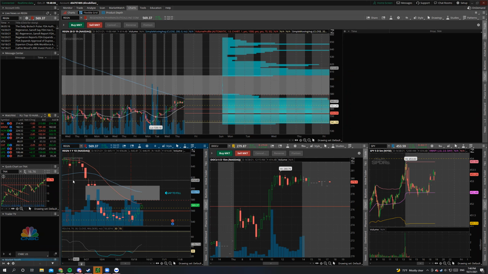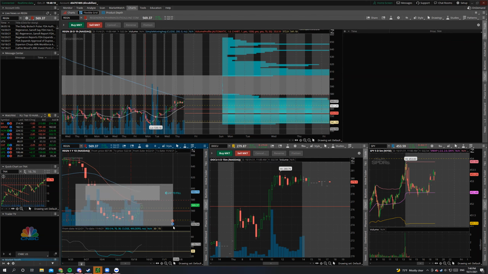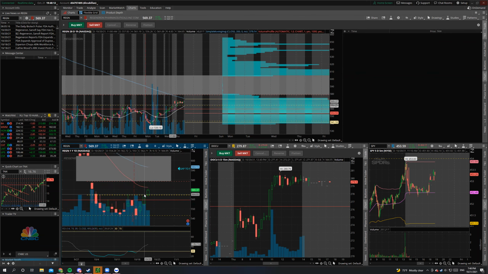So Regeneron has potential to go, because if it opens and stays above this selling, you see this wick right here, there was some selling pressure. If it opens above it, the selling pressure is gone. The sellers are right here, not here. You know what I mean?